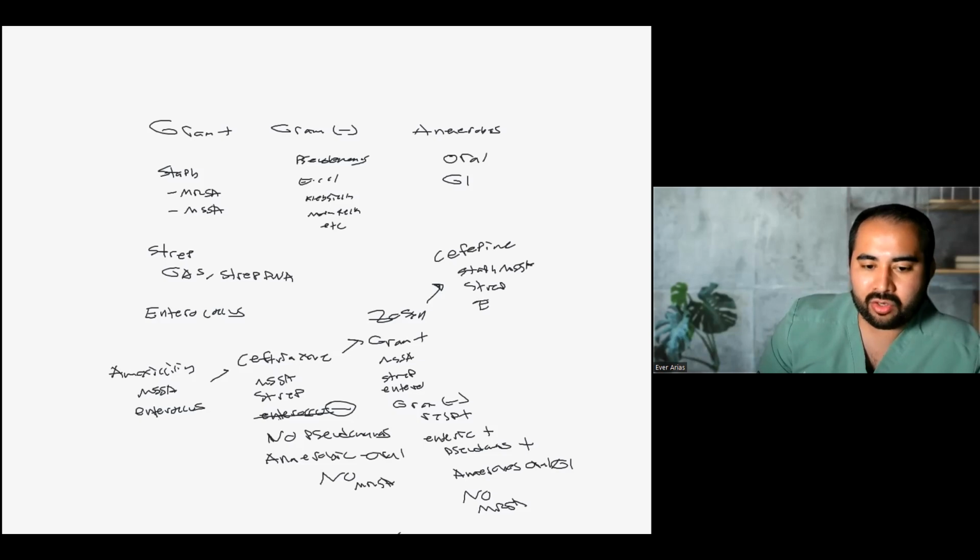It doesn't cover Enterococcus actually, and the reason is that Ceftriaxone and Cefepime are both cephalosporins, so they don't cover Enterococcus. They're very good for gram negative coverage, respiratory wise, yes. It also is very, very good for pseudomonal coverage. So that's another option. You have Zosyn and Cefepime that are really good for Pseudomonas.